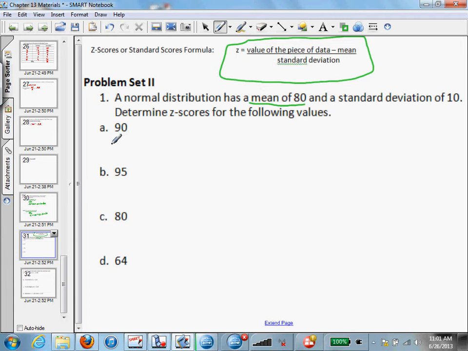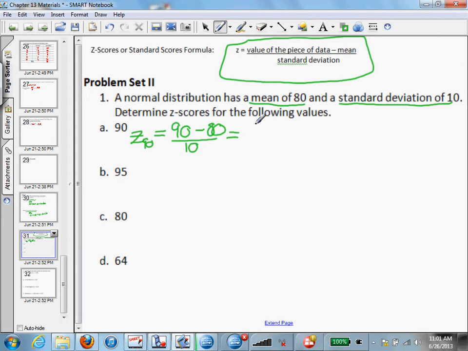They're giving us the z-score, and we know the standard deviation. So for part A right here, z of 90 equals the value of the piece of data, which is 90, subtracting the mean, which is 80, and we have to divide by the standard deviation, which is 10.